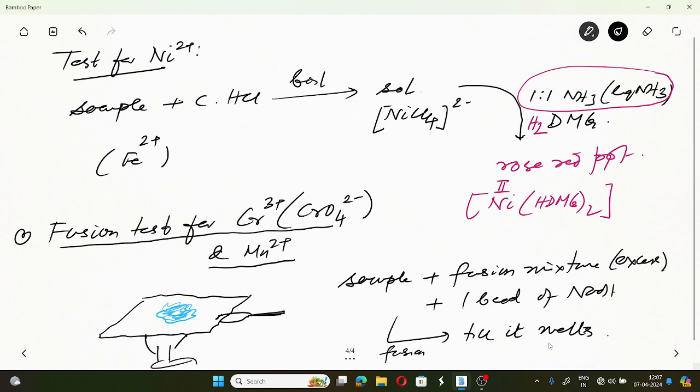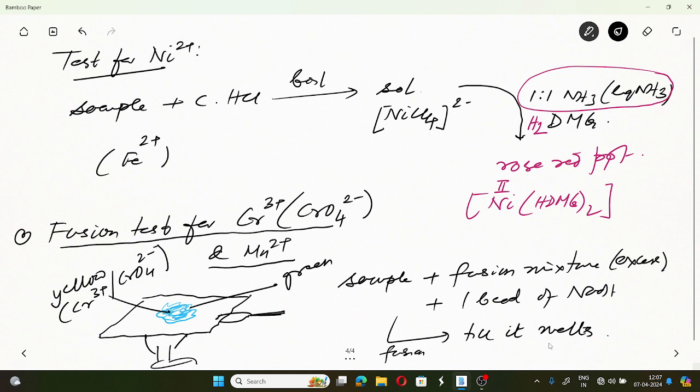See what happens if chromium is present, it is converted to chromate. So if you observe that the color is yellow, then chromium 3 plus or chromate is present. And if you observe green color, then Mn2 plus is present.